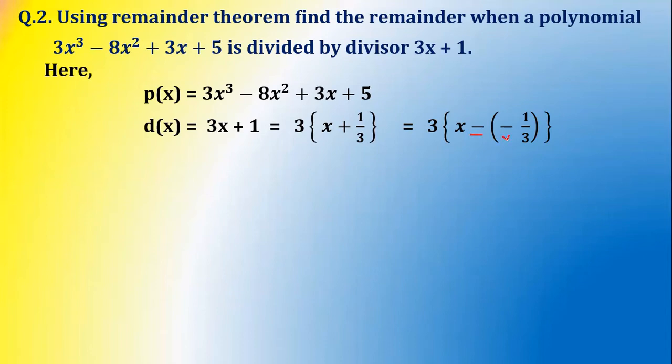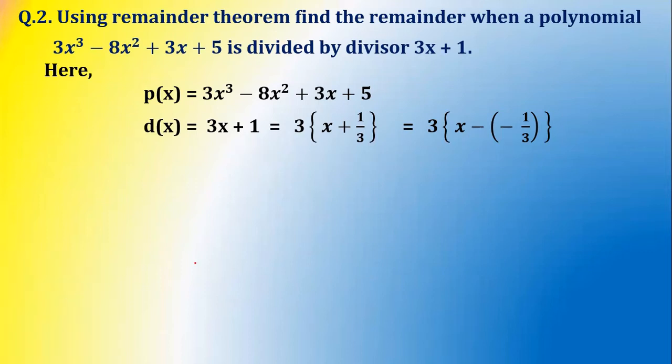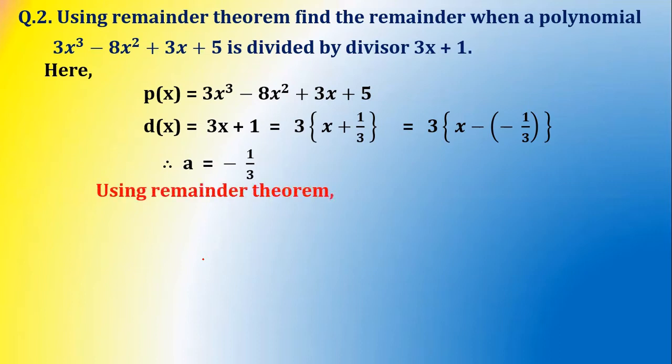When we simplify this, we again obtain the same divisor, which is 3x plus 1. So this time the value of a would be minus 1 by 3. Now using the remainder theorem, we have r equals p(a).